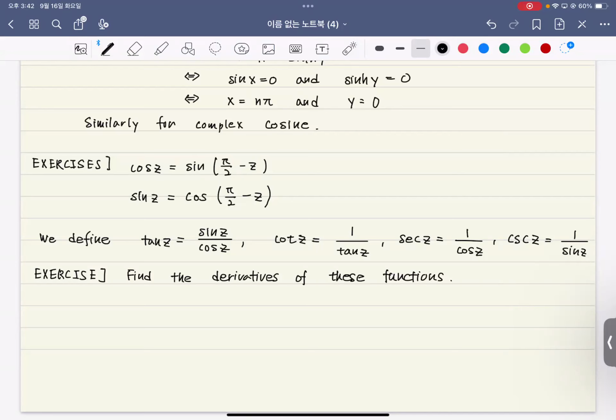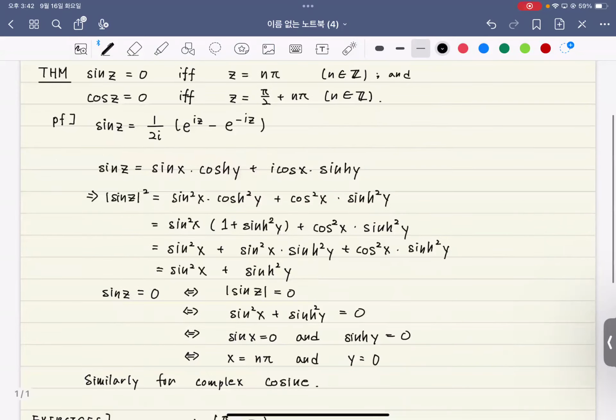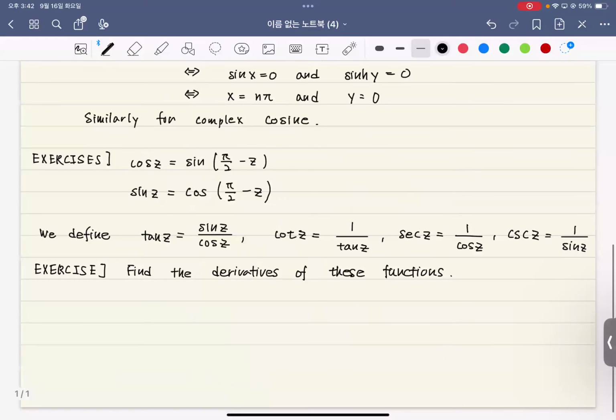These are about the complex trig functions, and there are very similar properties for the complex hyperbolic functions.